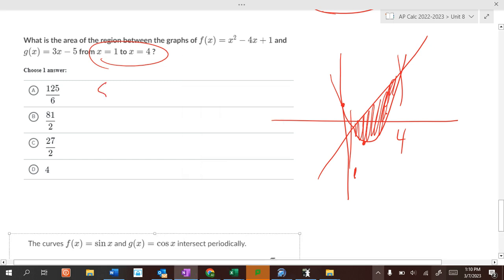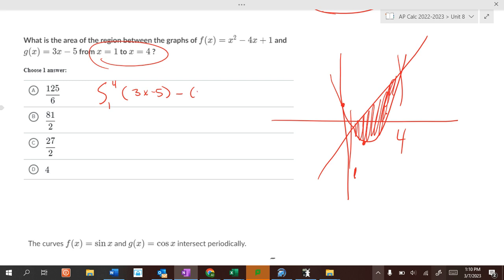So this would be the integral from 1 to 4 of 3x minus 5 minus x squared minus 4x plus 1 dx. Holy cow. All right. So this becomes negative x squared. 3x minus negative 4x is plus 7x. Negative 5 minus 1 is negative 6 dx.